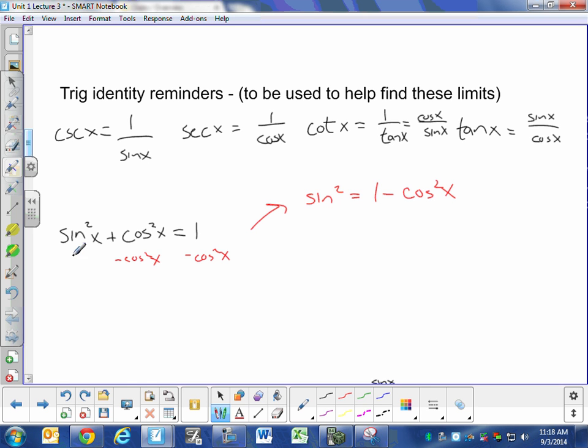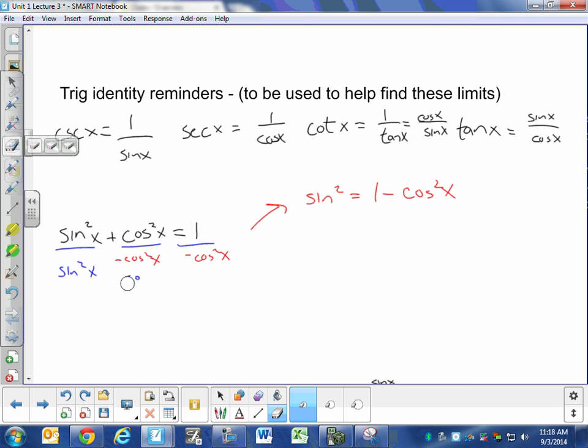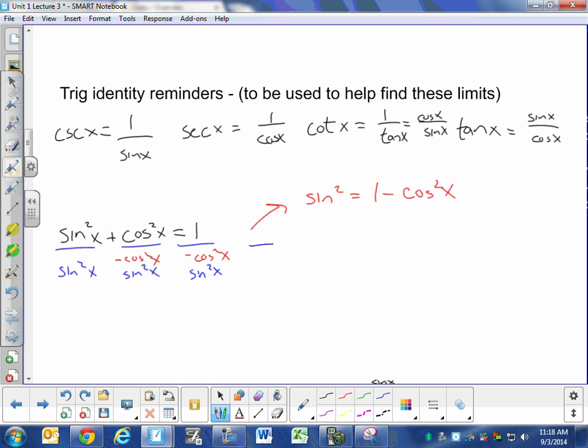Second guy, I could take all three of these guys and divide them by, say, sine squared. Now, what's sine squared over sine squared? It's just 1. What's cosine squared over sine squared?